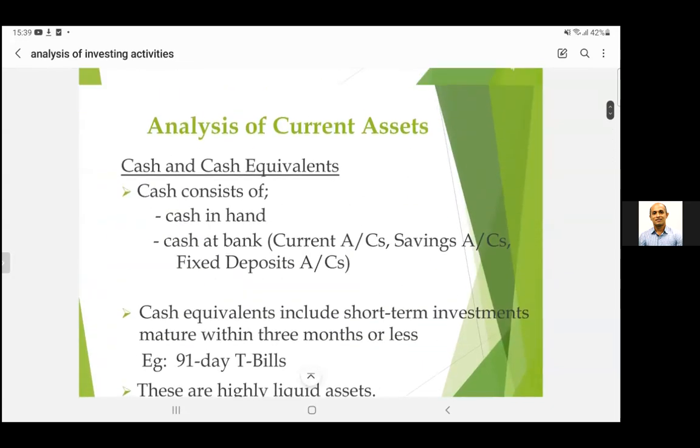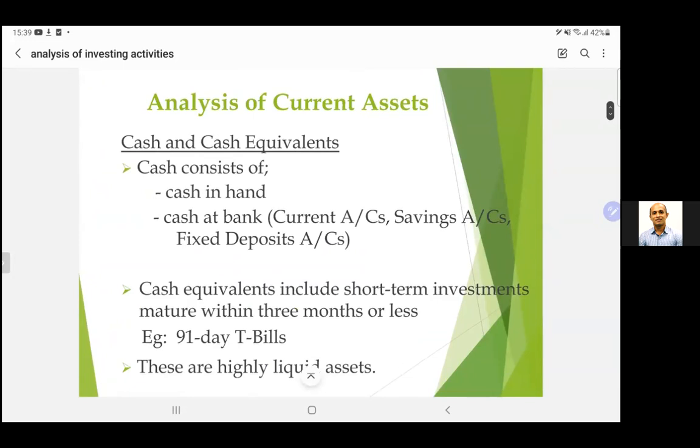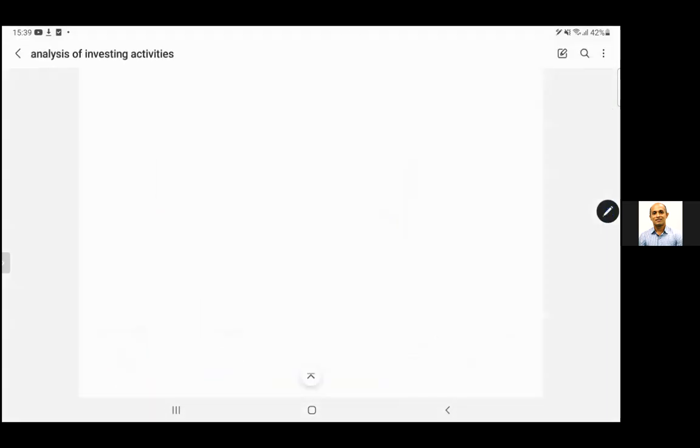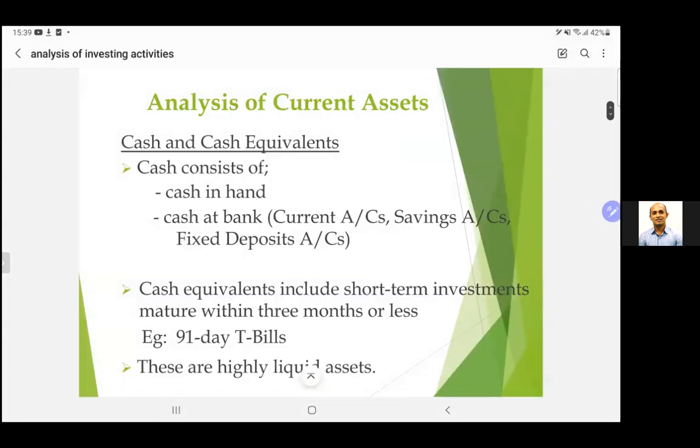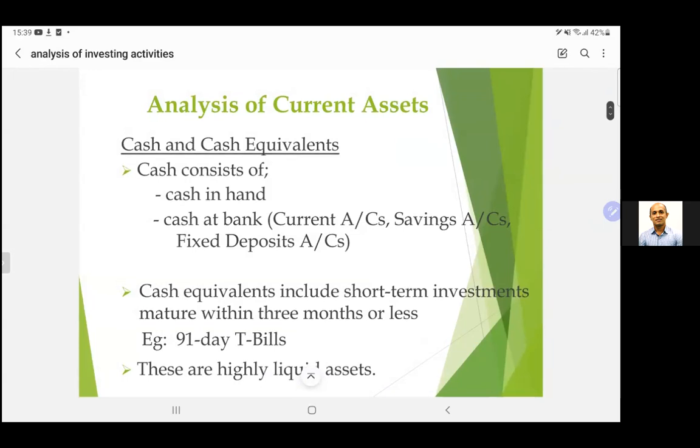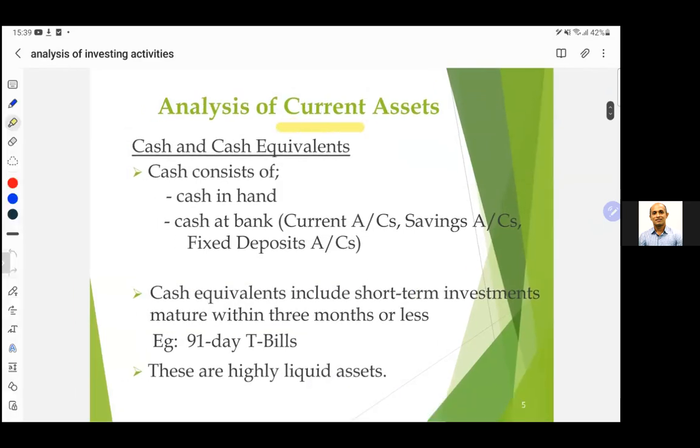So we analyze investing activity. Under that, we'll analyze first current assets. Under current assets, we are going to analyze cash, trade receivables, and stocks.